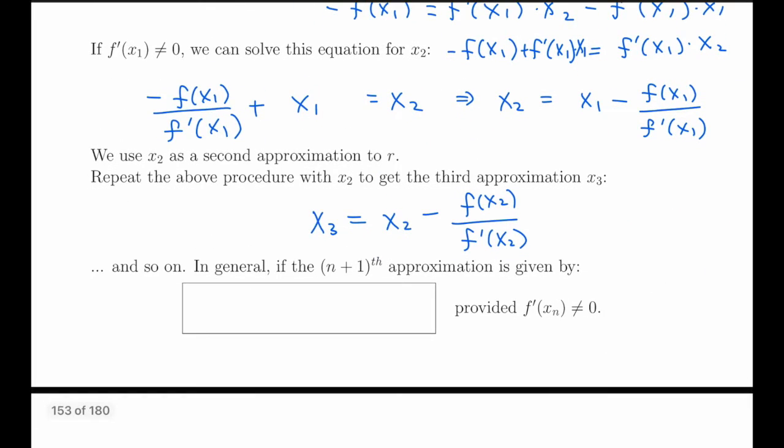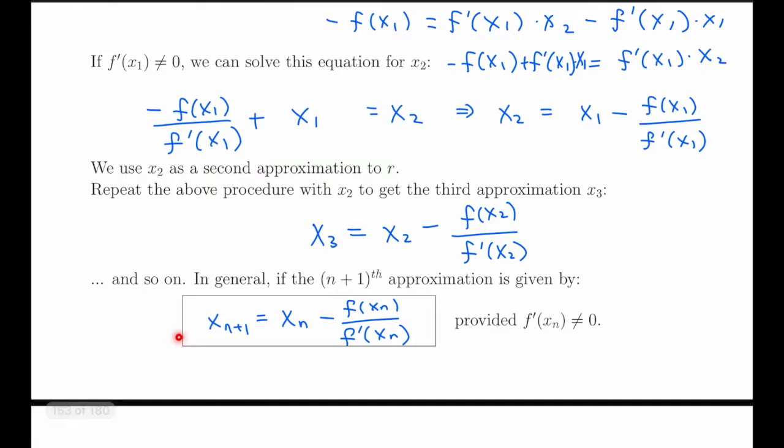So if you wanted to find xn plus 1, that's simply xn minus f of xn divided by f prime of xn. Of course, we require this, right? Whenever you're dividing, you need to make sure that that's not 0. So this is Newton's method formula. It's a very simple formula that can be used to find the next iteration of your approximation to the root of your function.